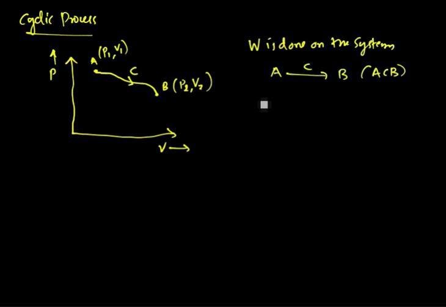In that case, the work is given by W1 equal to the integral along the path ACB of dW, which is equal to the integral along ACB of P dV.